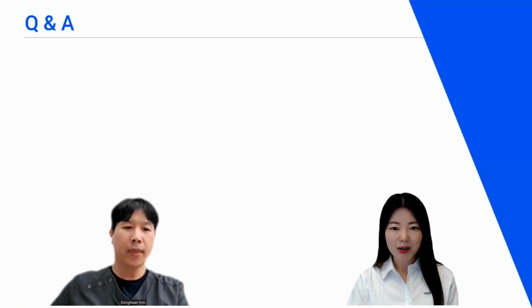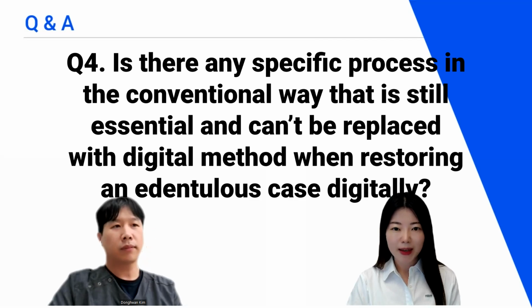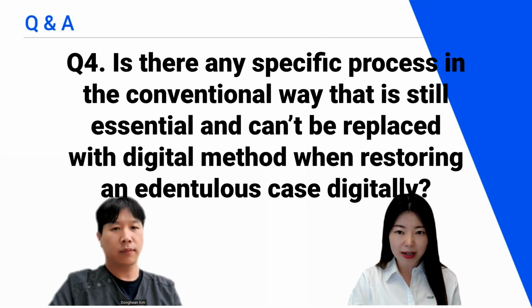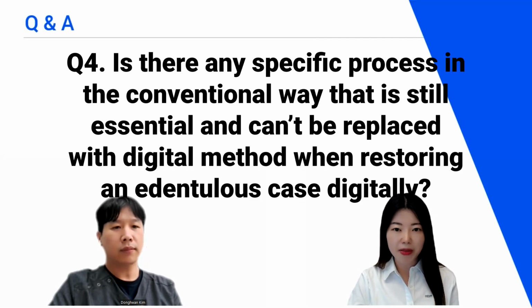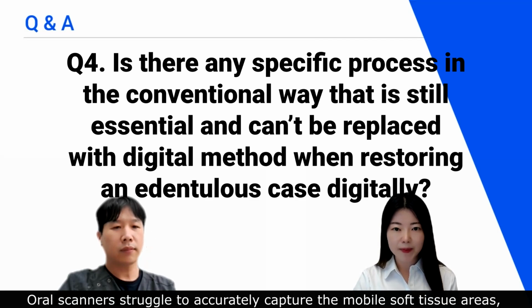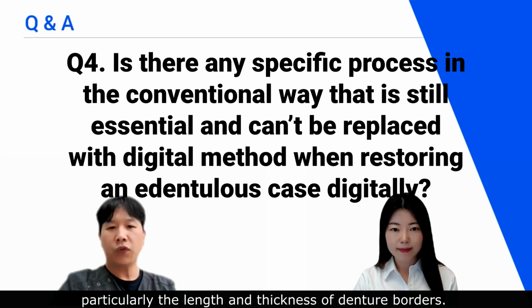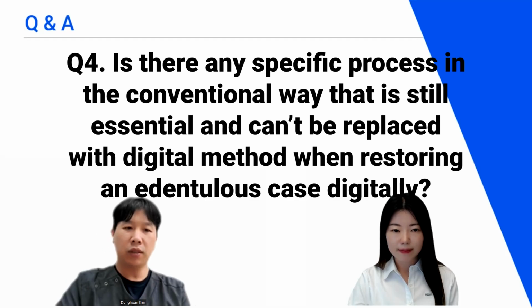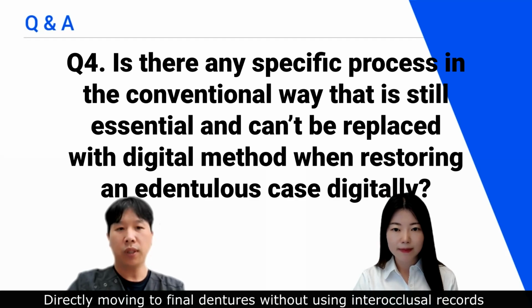Wow. Okay, last question. Question number 4. Is there any specific process in the conventional way that is still essential and cannot be replaced with a digital method when restoring an edentulous case digitally? Oral scanners struggle to accurately capture the mobile soft tissue areas, particularly the length and thickness of the denture border.